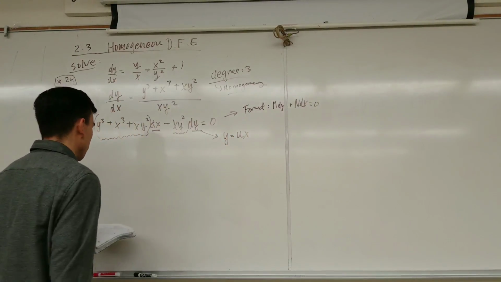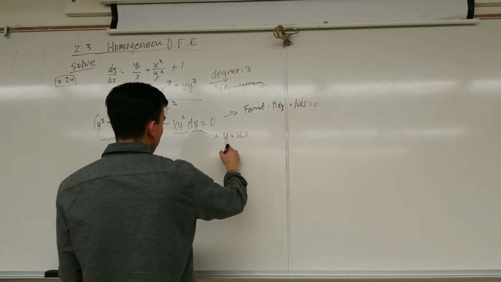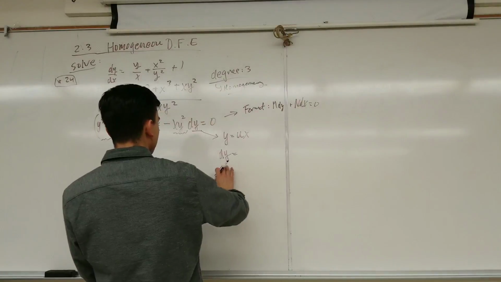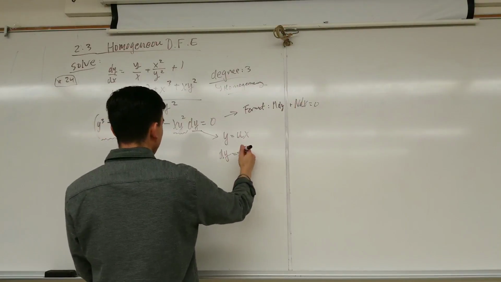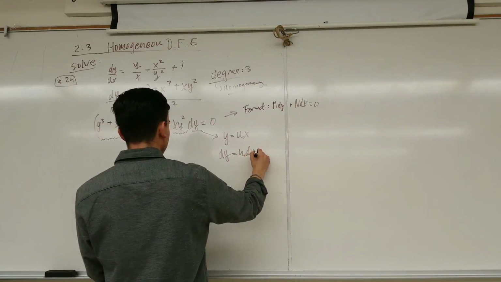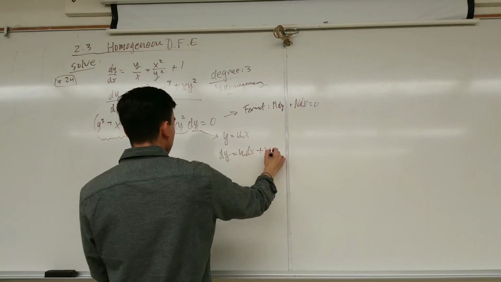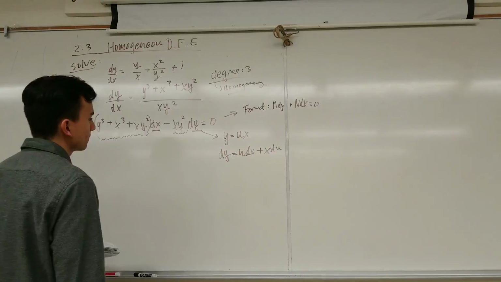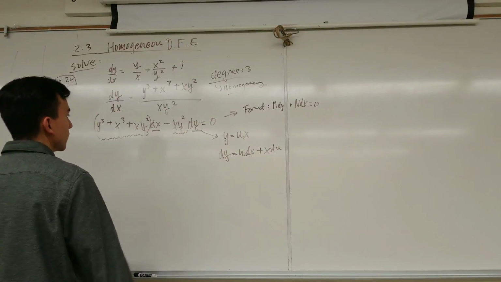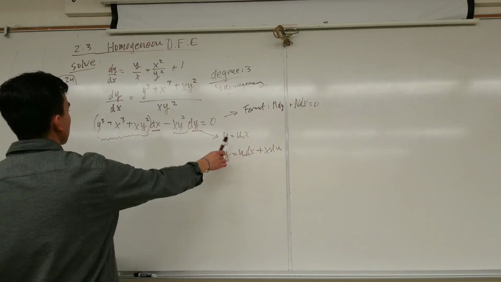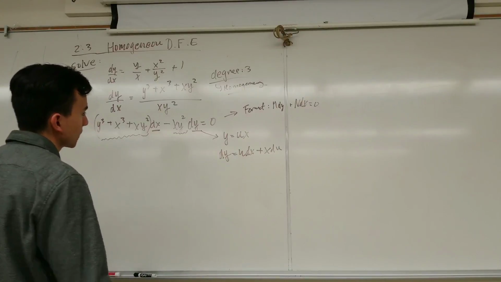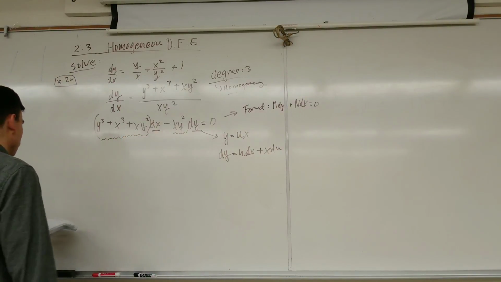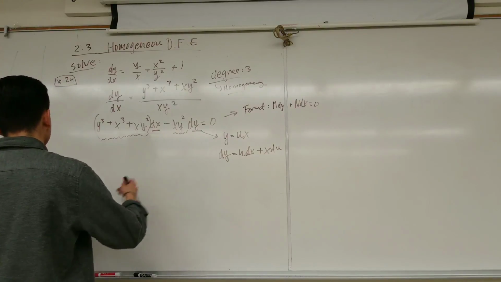Great. Okay, so I'm going to take a derivative of that substitution, and I'm going to get dy is equal to u dx plus x du. Every time I see my y, go ahead and plug that in. Every time I see a dy, we'll plug that in. All right, so let's do it.